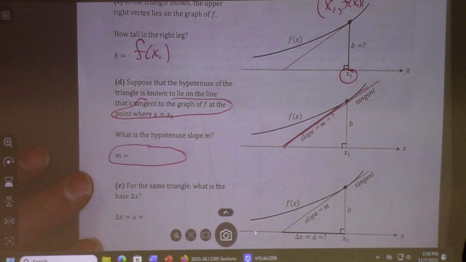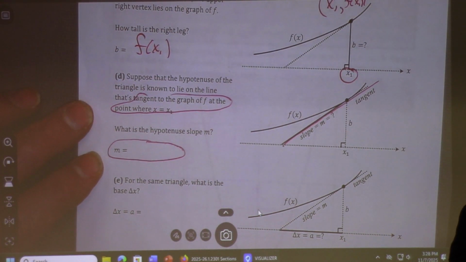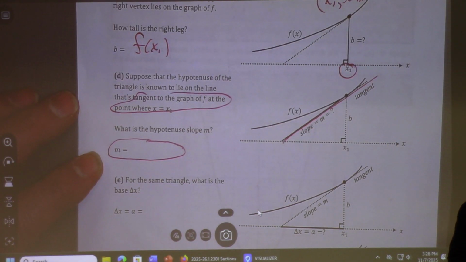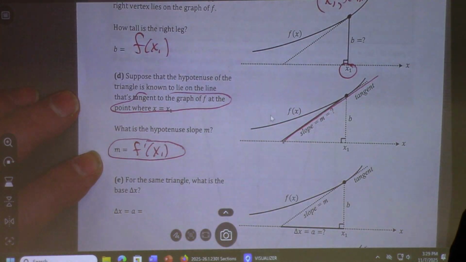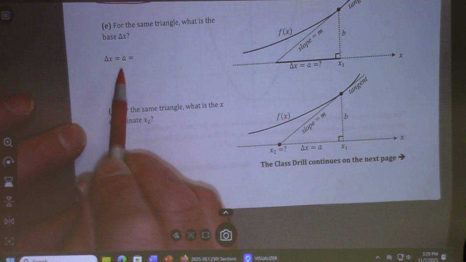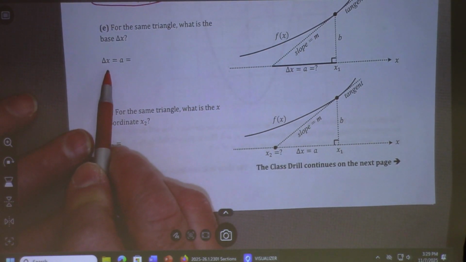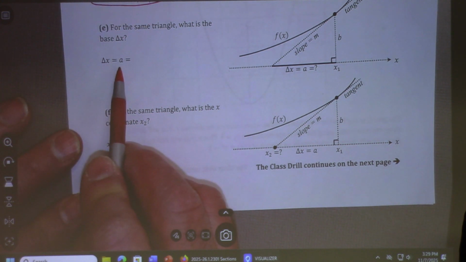Okay, question D. What's the expression for the slope of that tangent line? F prime at x1. Yeah, good. Now, so then what is this delta x? Somebody else, who can tell me what an expression would be for that delta x?